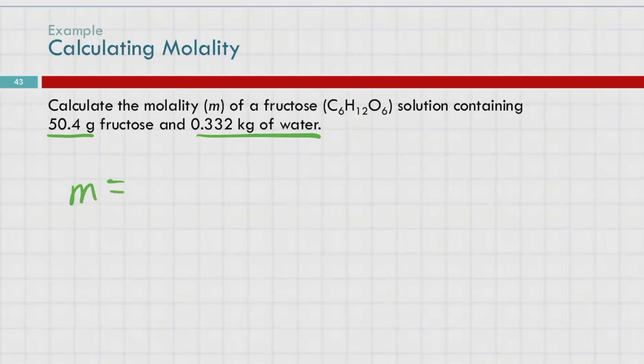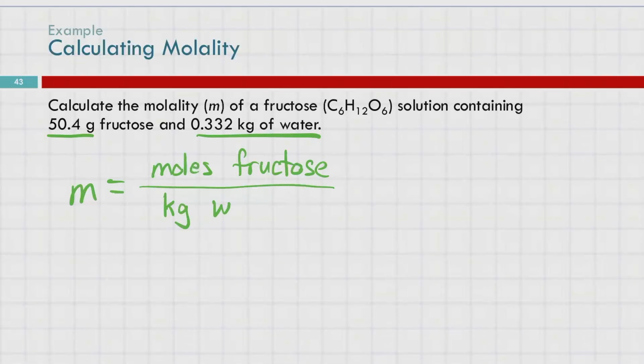So lowercase m equals moles, in this case fructose, over kilograms, in this case water is our solvent. We have kilograms of water. We do not have moles of fructose. We get to calculate that. Fortunately, we're experts, hopefully, at calculating moles.